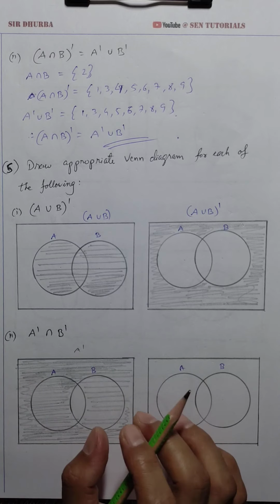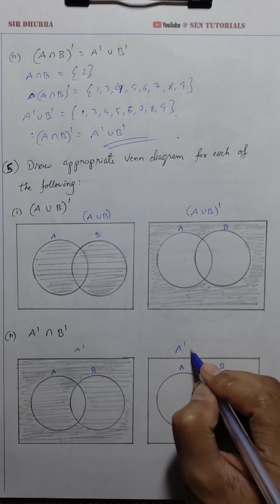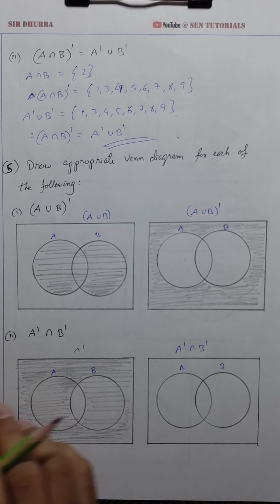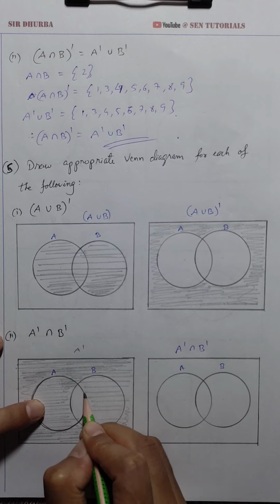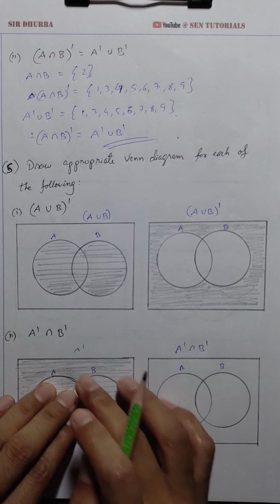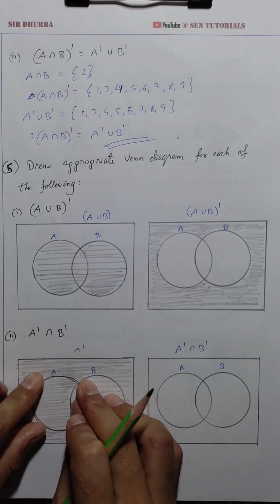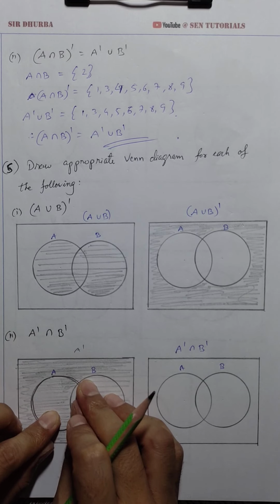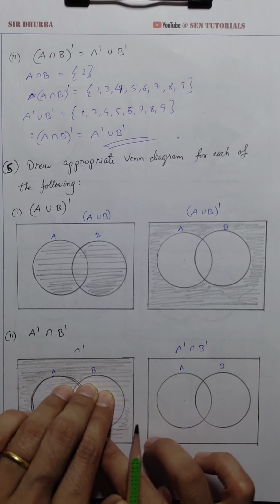So what will be A complement intersection B complement? That is a common point. So if you look carefully, A complement was all the elements leaving aside this circle, remaining all. B complement was all the elements leaving aside this. So what is its common region? Common region is this one, isn't it?